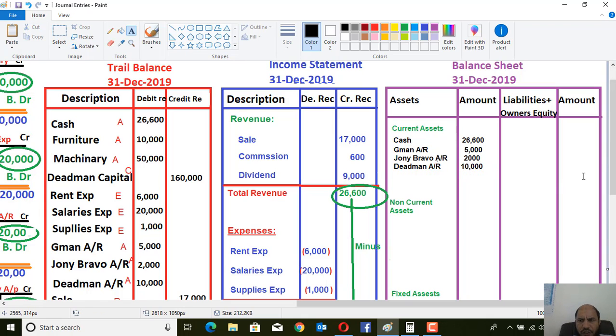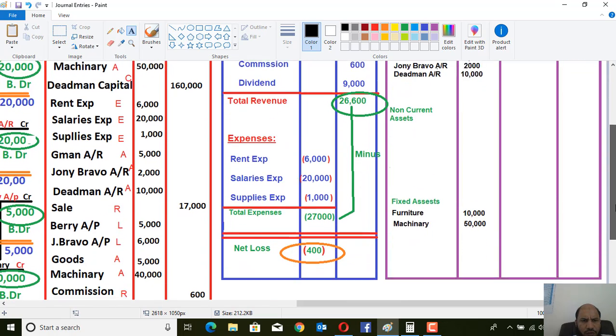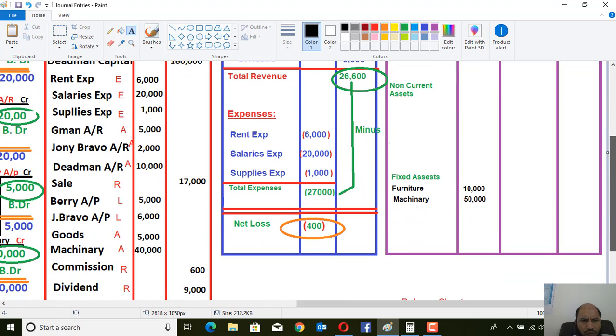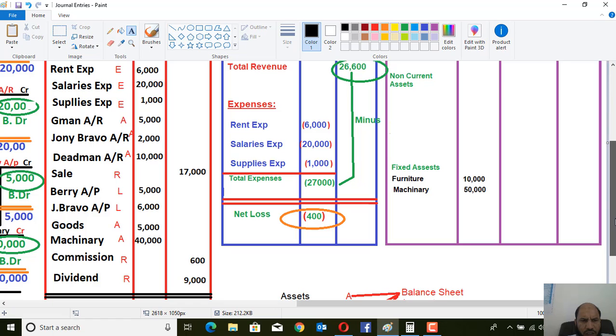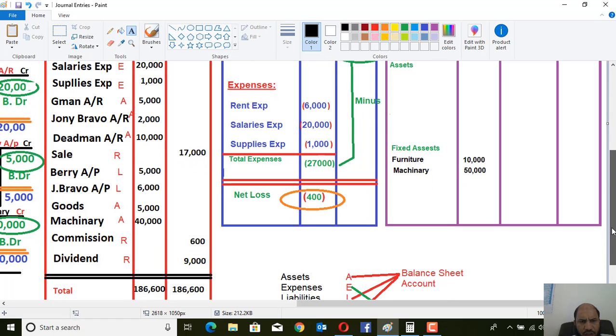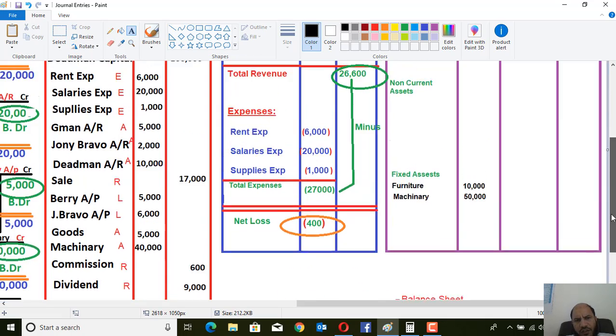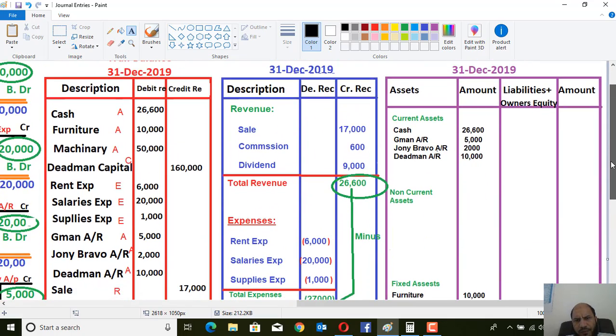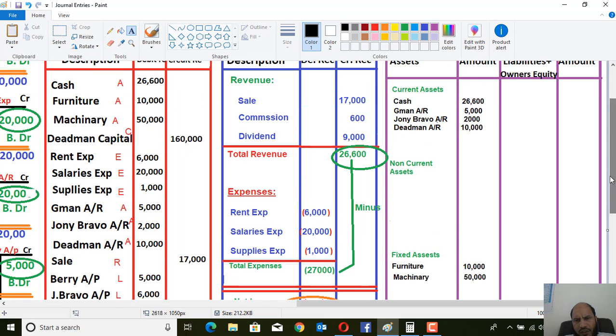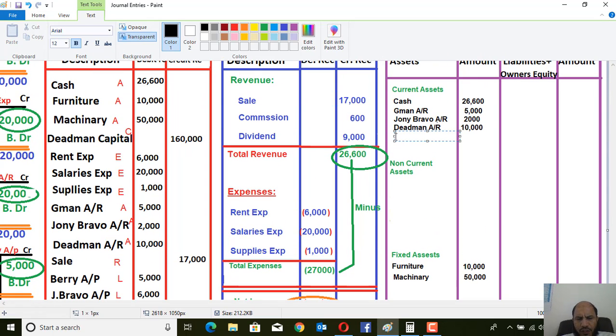Okay, dear students, now we will see another type of account. So we have goods and machinery. Goods are, for example, current assets, and machinery is also a current asset because the company will sell it. So we will put goods over here. How much is the amount of goods?